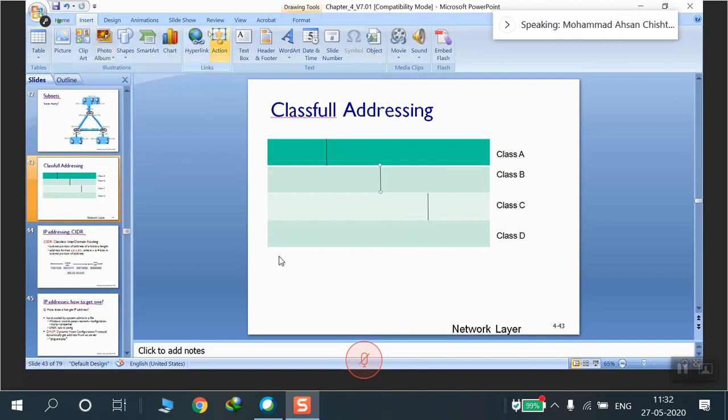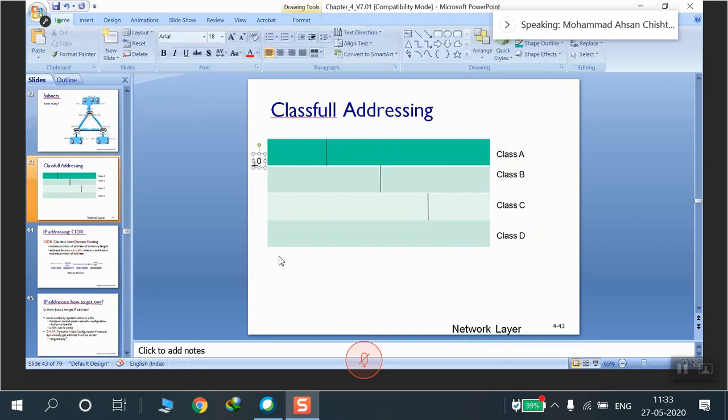This is also denoted like this: class A would start with 0, then we have 10, and 110, as well as 1110.